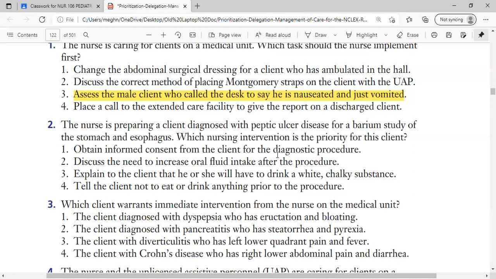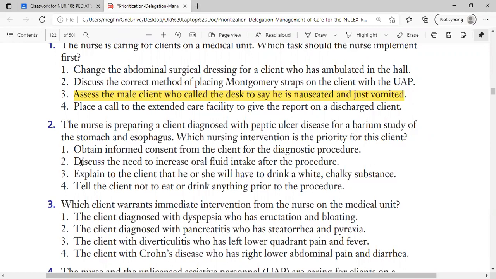We learn it from this question. So number one is not the answer. Let me recap: a barium study of the upper GI system is an X-ray procedure and does not require the client to sign an informed consent form, so number one is not the priority.